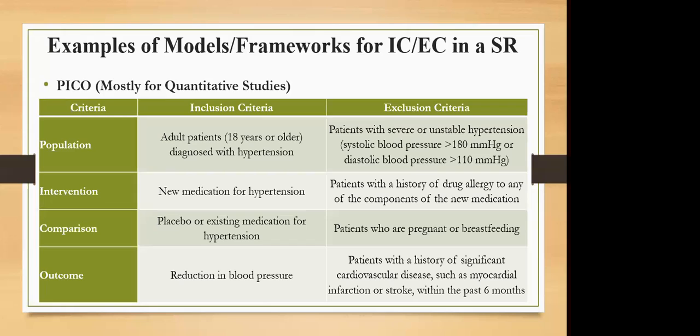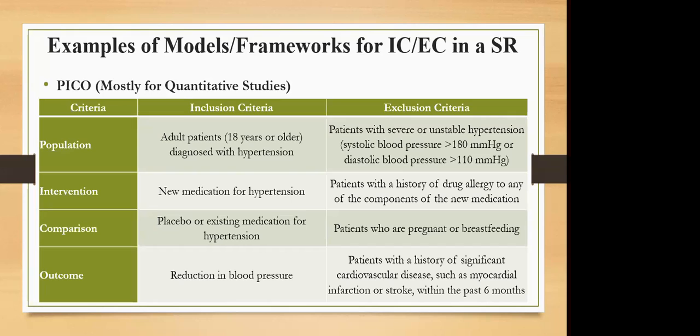The PCC framework is also another very well advisable framework that you can use in formulating your inclusion criteria, particularly for those in social sciences. PCC is usually for scoping reviews, but for medical sciences with very high clinical evidence, we usually use the PICO. You can use the PICO as well, but it depends on the nature of the title of the research.